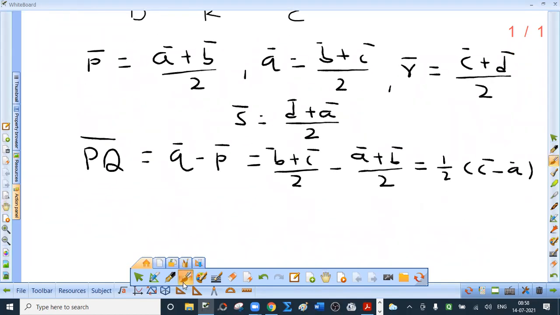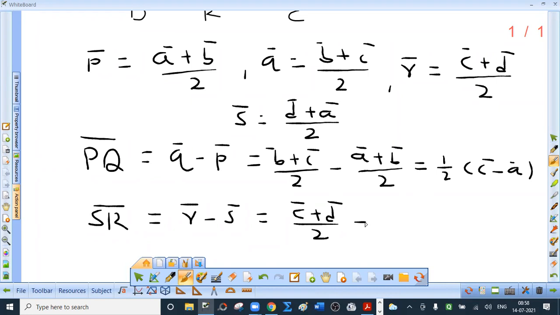Now it is SR bar. Why am I considering SR bar? It is sufficient to prove that PQ bar equals SR bar. Now SR bar is position vector of R minus position vector of S. So C bar plus D bar upon 2 minus D bar plus A bar upon 2.